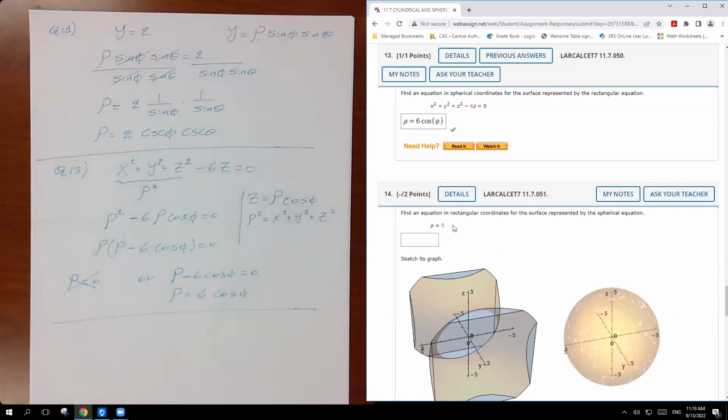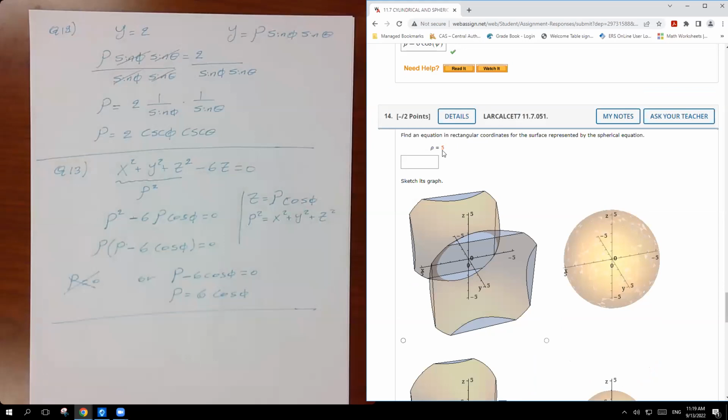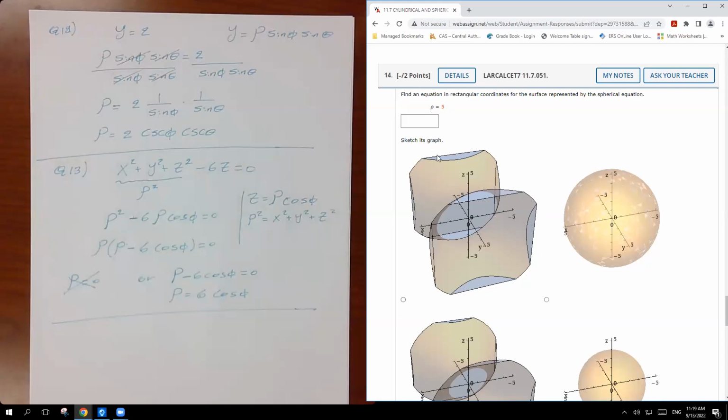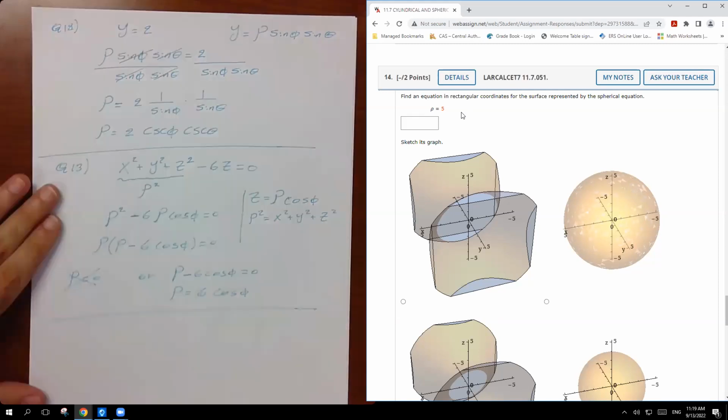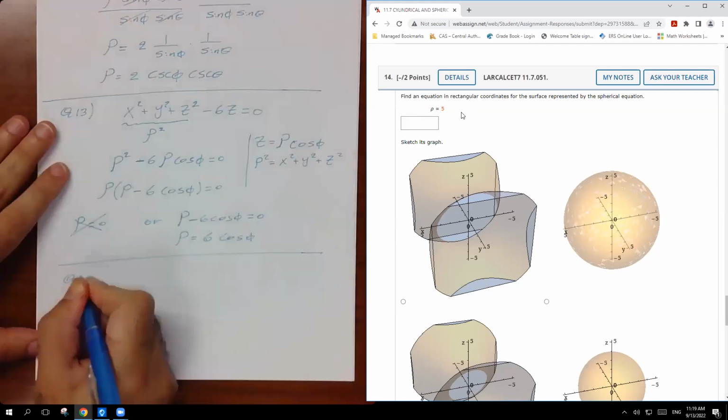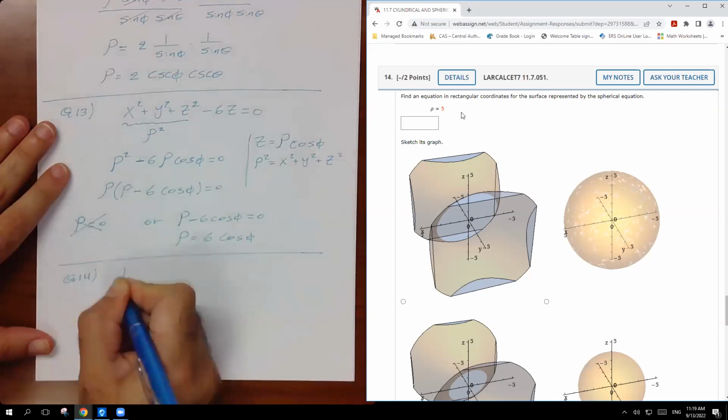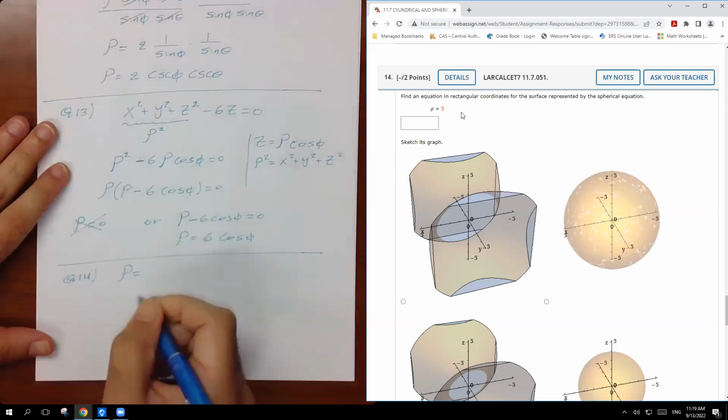The last one, they said rho equals 5. Now we have to check which one is going to be the right one. First of all, we have to write down the rectangular coordinates. So this is question 14. They say rho equals 5.